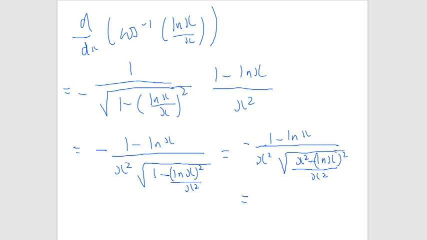And then you can take the square root and cancel away x. So it's x squared times the square root of x squared minus ln x whole thing squared over square root of x squared. You can split it into square root of numerator over square root of denominator. So let me write it here.